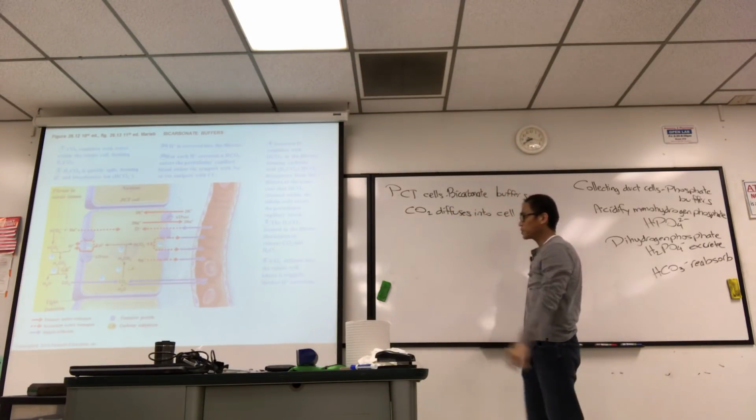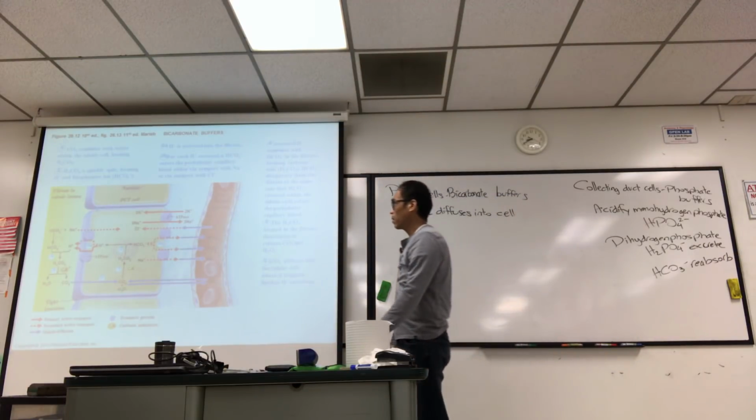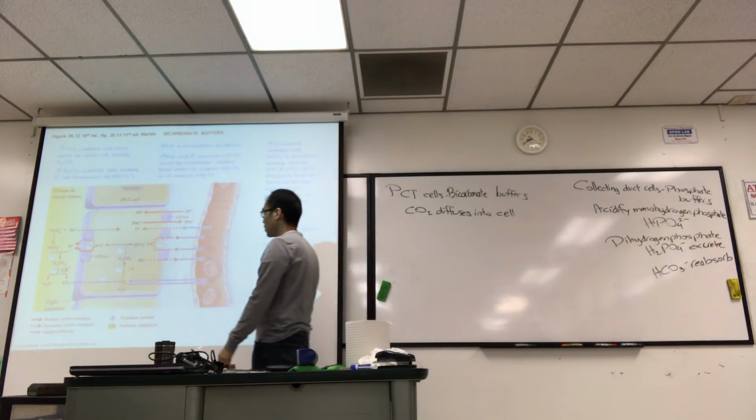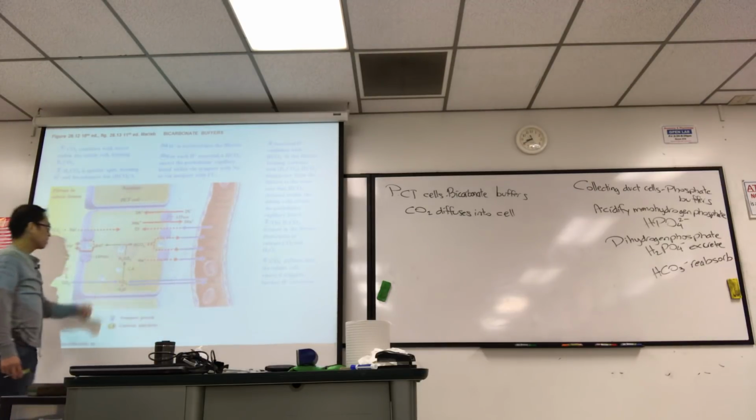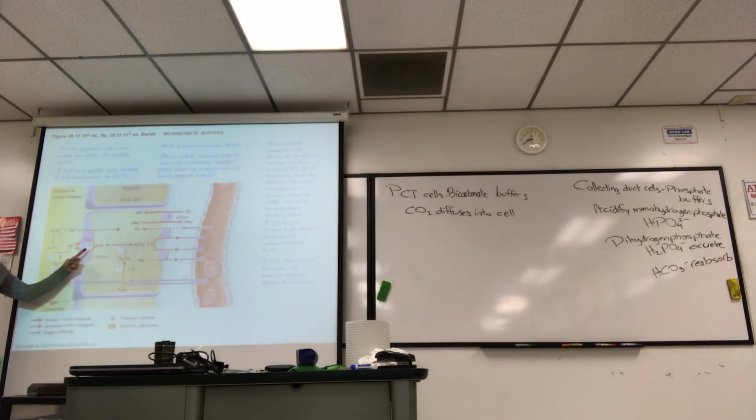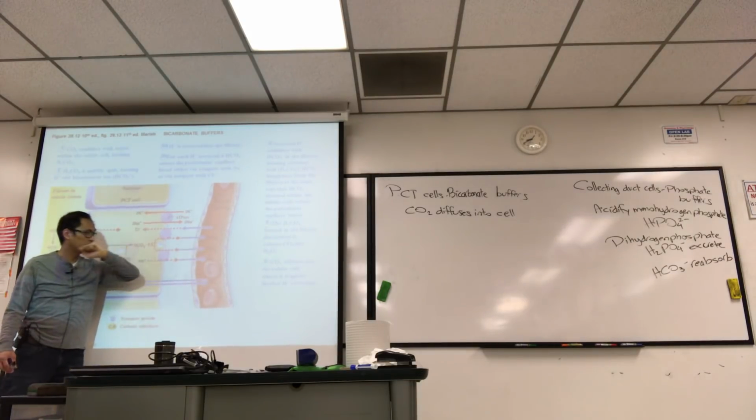And then it goes through the same physiology we just talked about. You hydrate it with the water, you get your weak acid, your carbonic acid. You pump out a hydrogen proton, or a hydrogen ion, and then you get the base reabsorbed.